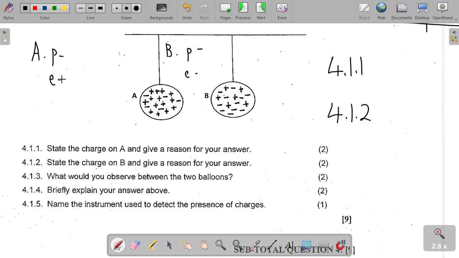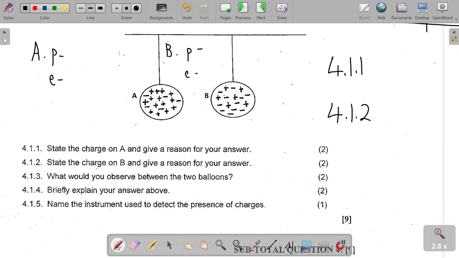For protons, we have to count the positive charges inside A. It's 1, 2, 3, 4, 5, 6, 7, 8, 9, 10, 11, 12, 13, 14.